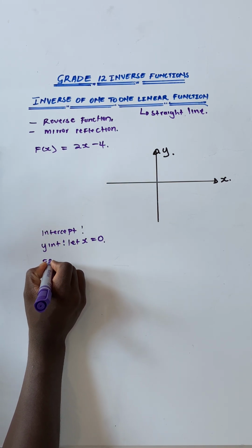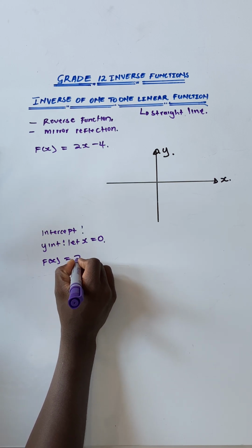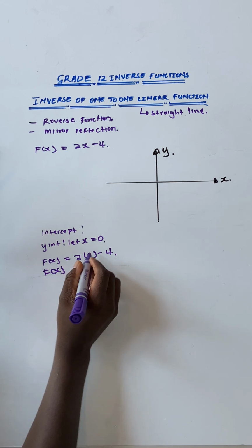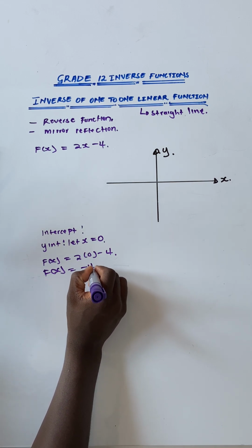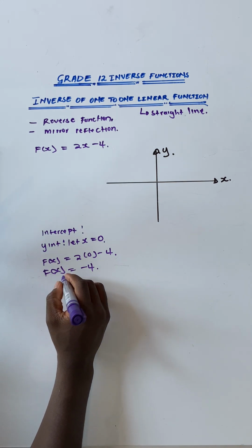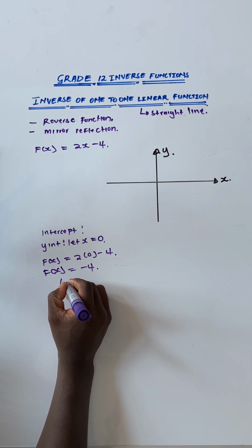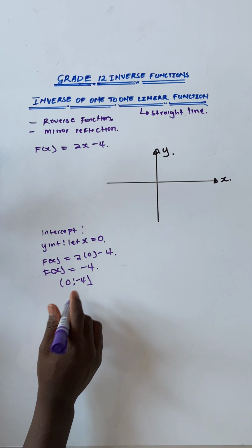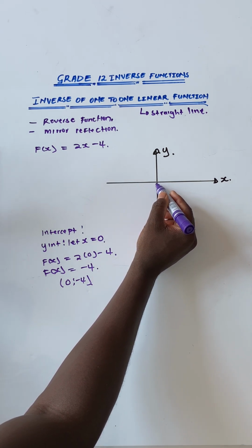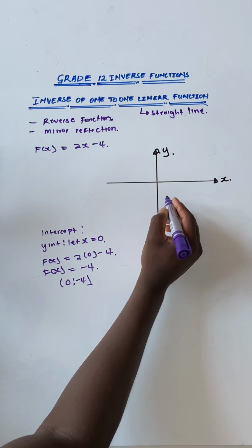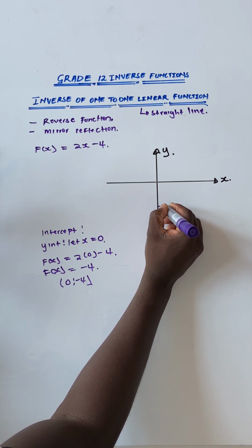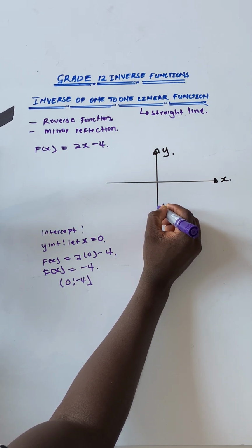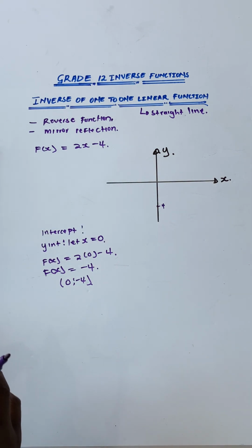So f of x will be equal to 2 times 0 minus 4. Immediately you can tell that the first part will be 0, and f of x will be equal to negative 4. That means the coordinates of the y-intercept are (0; negative 4). Where can you find (0; negative 4) on the graph? Let us put the negative 4 here for argument's sake. So that would be the y-intercept there.